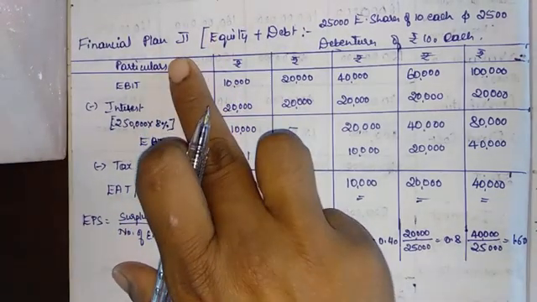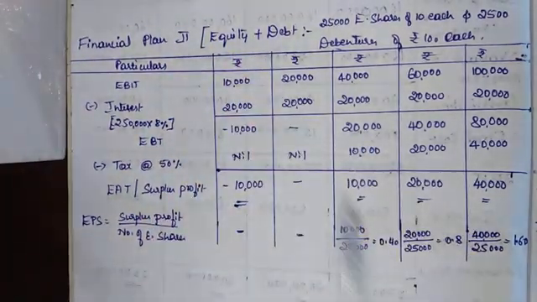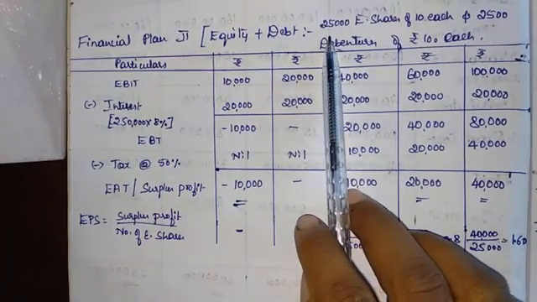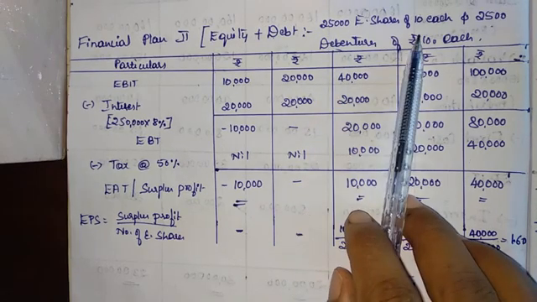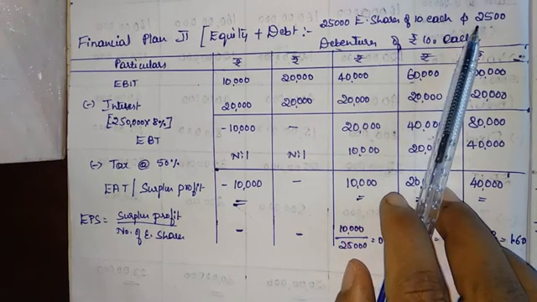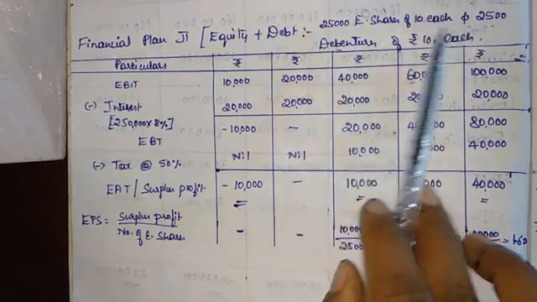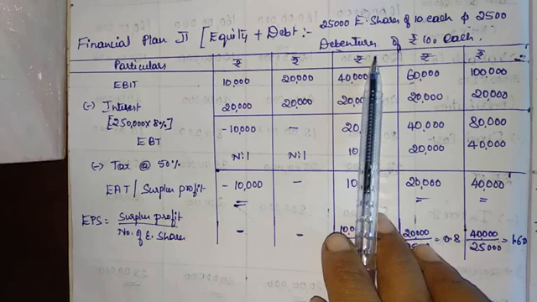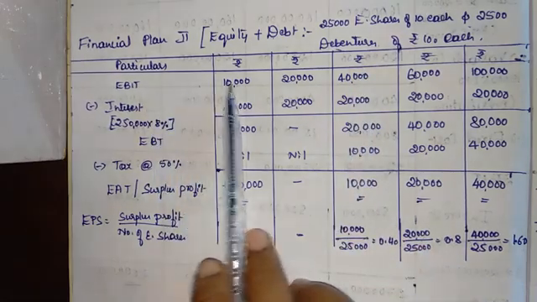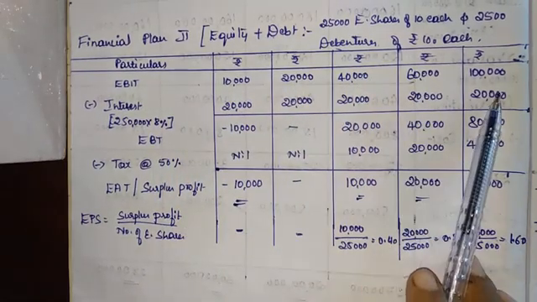Financial plan 2 has equity and debt. So equity is 25,000 equity shares of rupees 10 each and 2,500 debentures of 100 each: 2,50,000 equity and 2,50,000 debenture. EBIT is 10,000, 20,000, 40,000, 60,000 and 1 lakh.